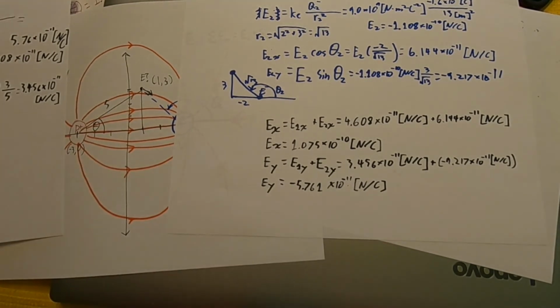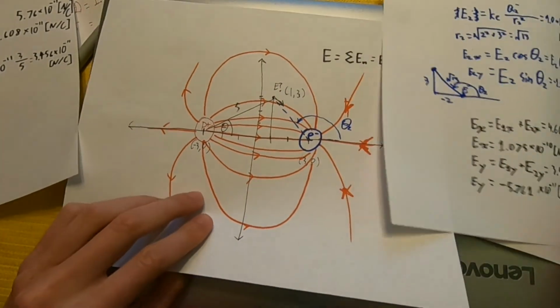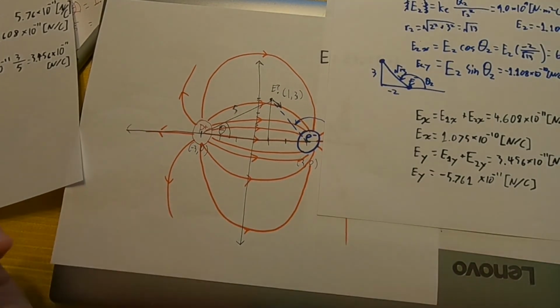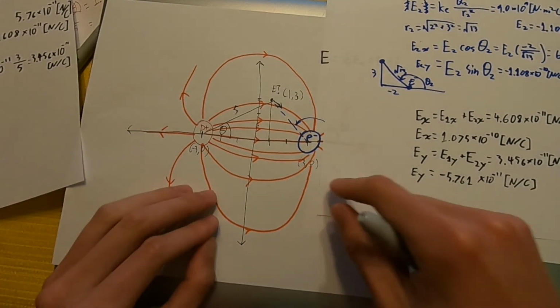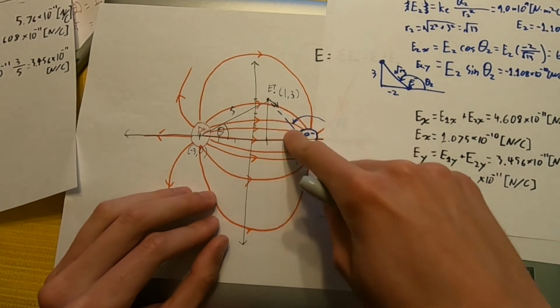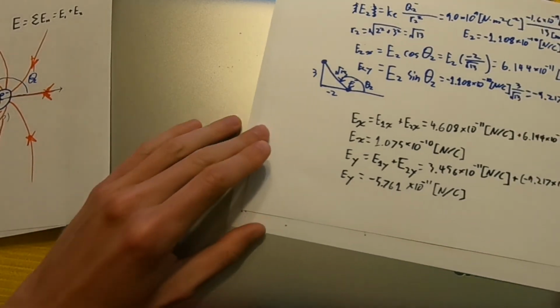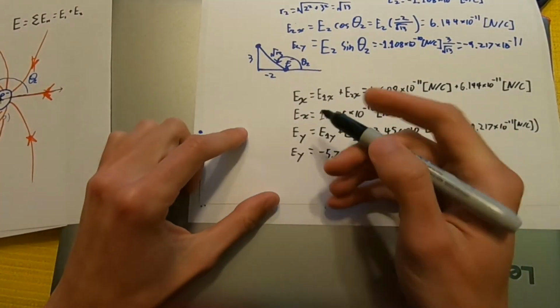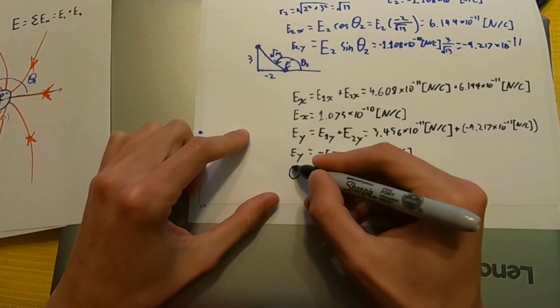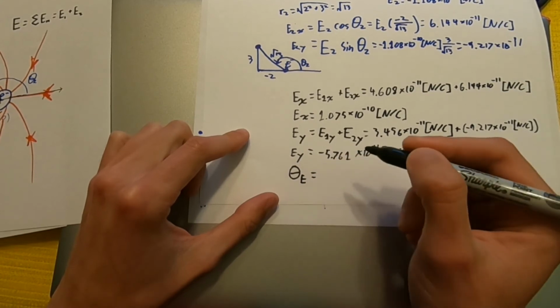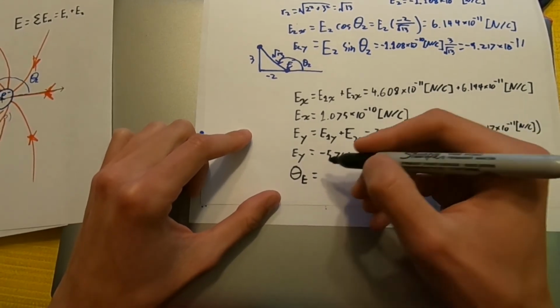Okay, so we know the x component of our field at this point here, and we know the y component. So with that, we can actually determine both the angle of the field at this point and the magnitude. To figure out the angle of our field at that point, the angle of our field E is going to be equal to the inverse tangent.